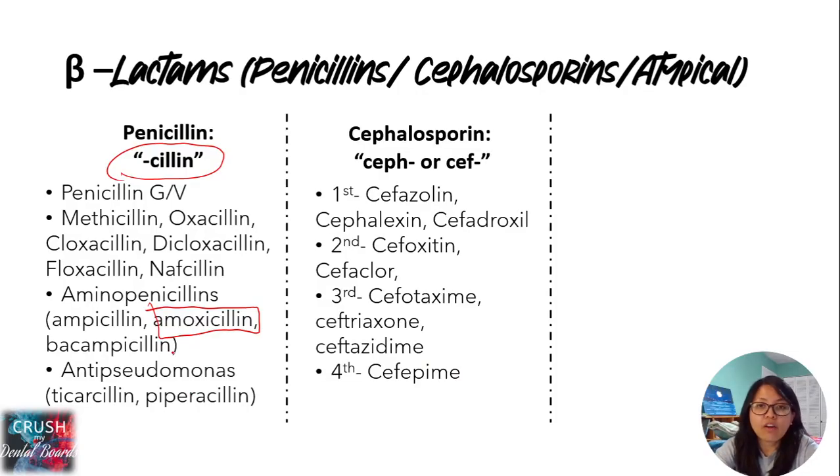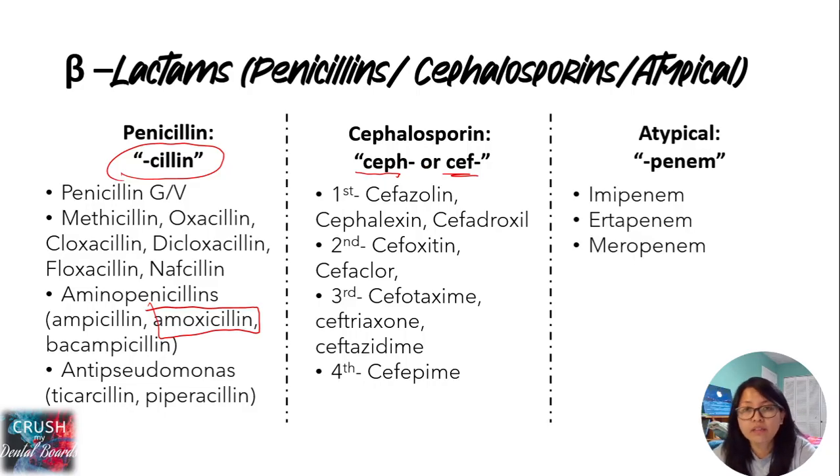Okay? Now, under cephalosporin, we said earlier that there are 4 generations of the drug. And these are the 4 generations. So under the first generation, these are the representative drugs, and then second, third, fourth. What's common? They start with Ceph or Cef. And then under atypical beta-lactams, you have your penems, your imipenem, ertapenem, and meropenem.